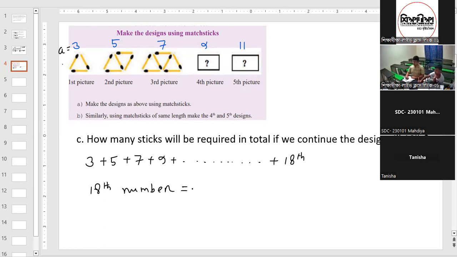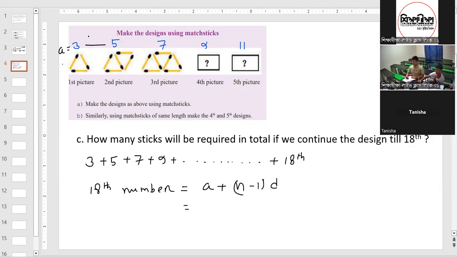will be a plus (n minus 1) d. I am giving a shortcut; I will explain it again the next day, today I just gave the idea. Here our a is 3, the difference d is equal to 2, and as our n is 18, we can write 3 plus 18 minus 1 into 2, 3 plus 17 into 2.